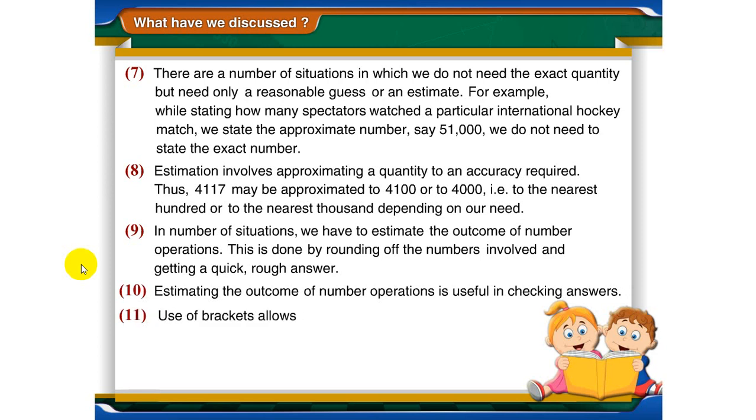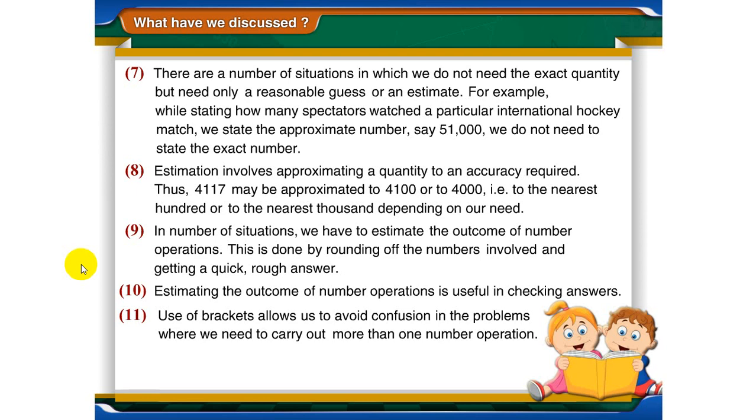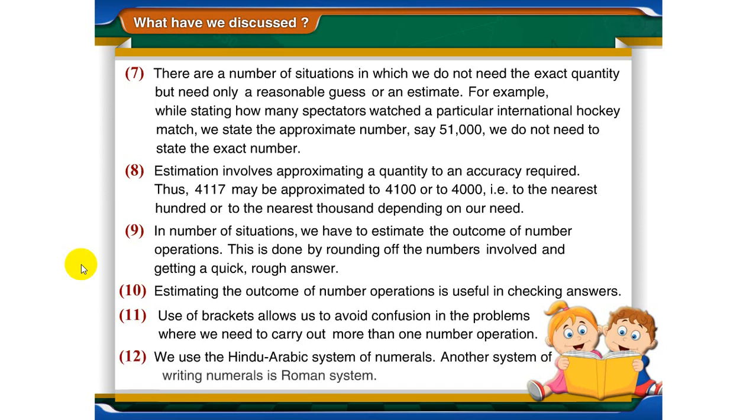Use of brackets allows us to avoid confusion in the problems where we need to carry out more than one number operation. 12. We use the Hindu-Arabic system of numerals. Another system of writing numerals is the Roman system.